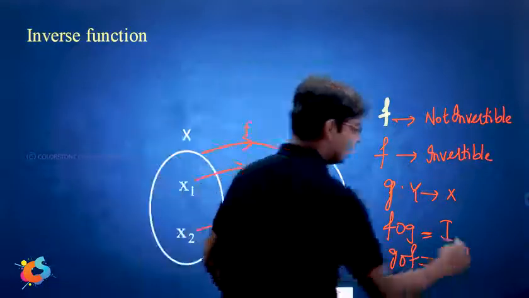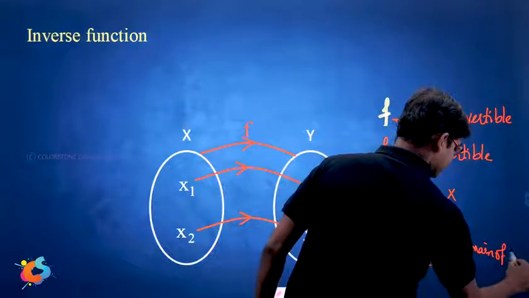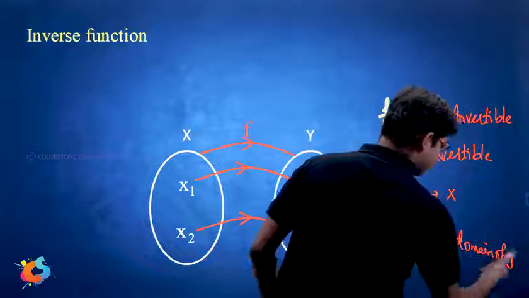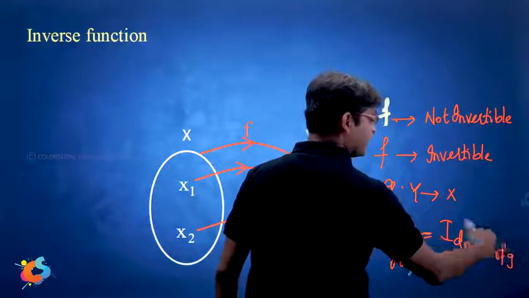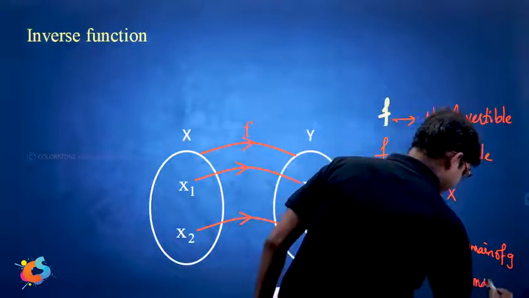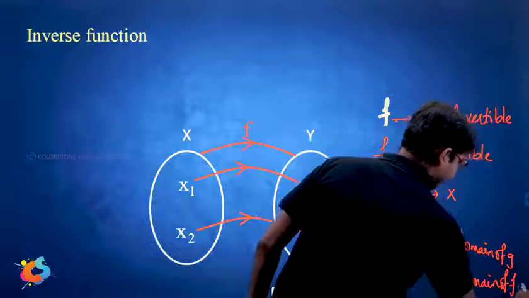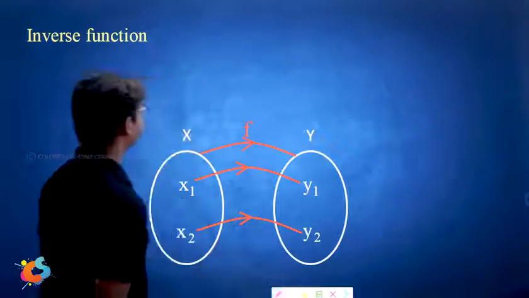This comes from the domain of g, and this you can say is defined on the domain of f set. Okay, so simple, right? Okay, so let us go ahead.